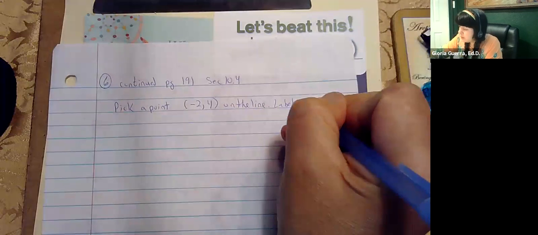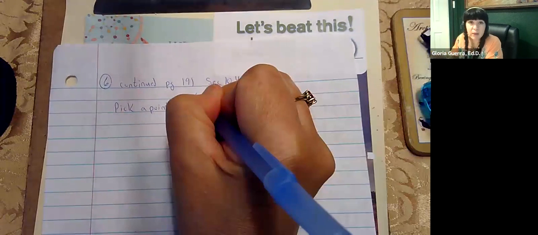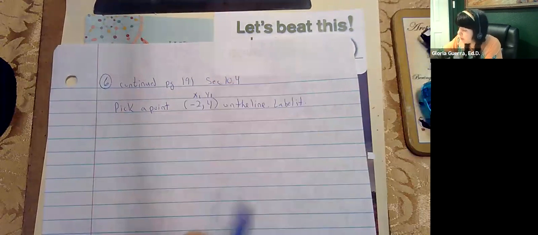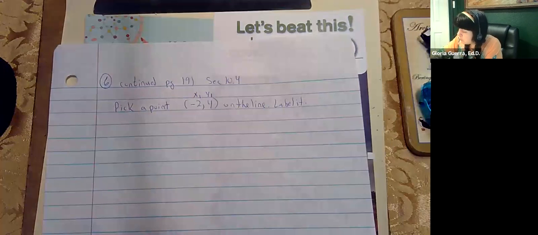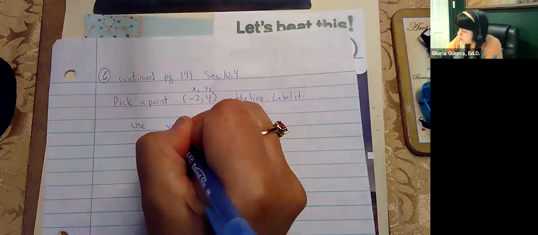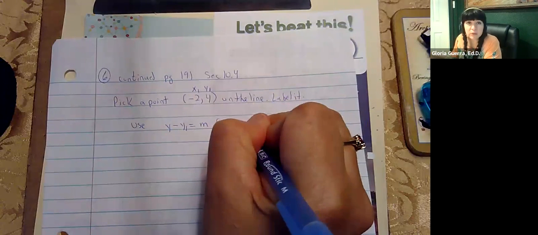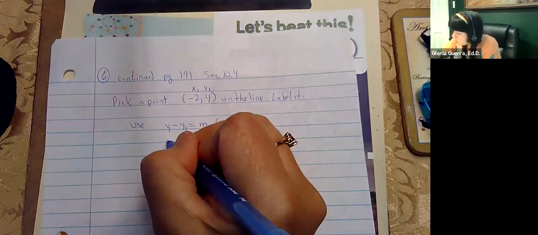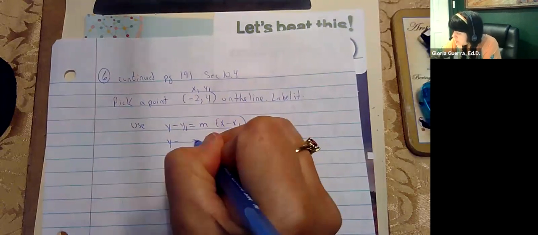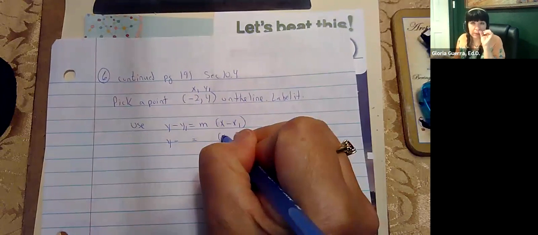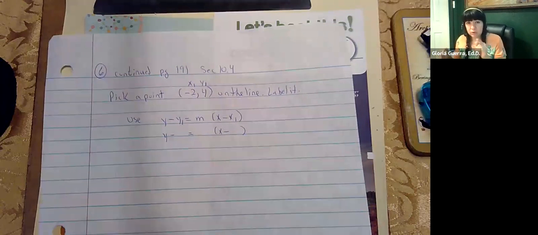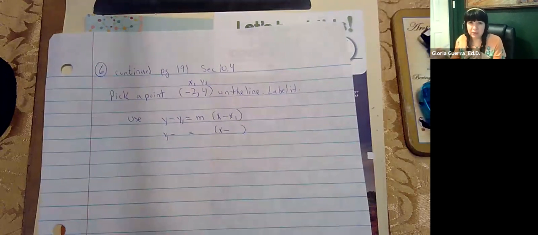So I would call that X1, Y1 now, okay? And then you're going to use y minus y1 equals m(x minus x1). Remember that in this formula, the x and y are fixed. You don't have permission ever to substitute a number value for y and x, not in the point-slope formula.